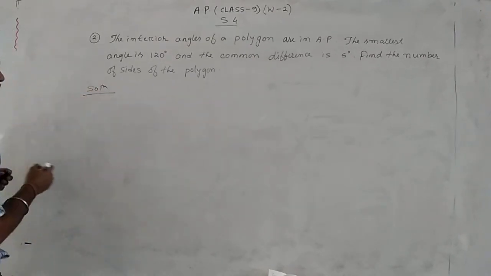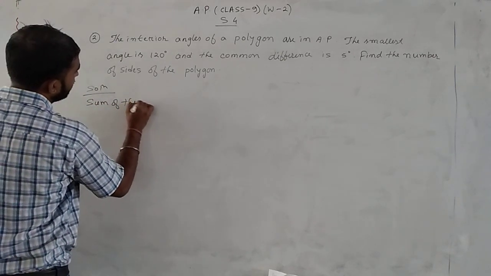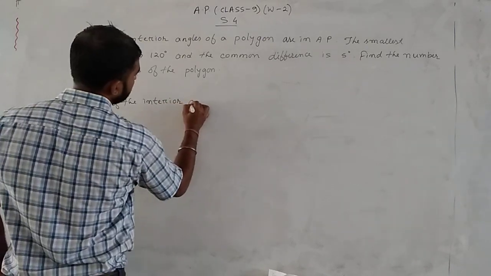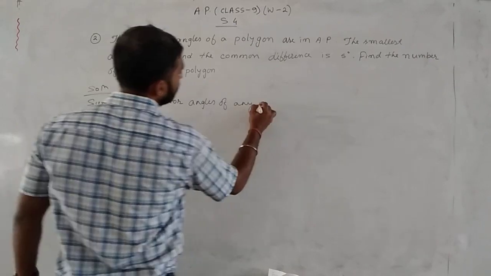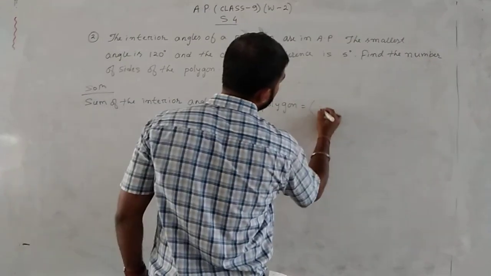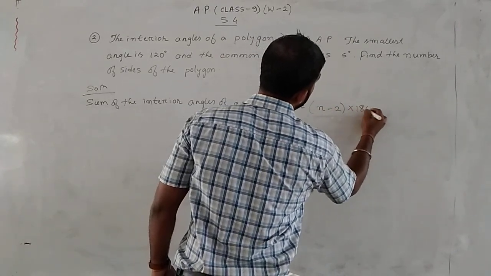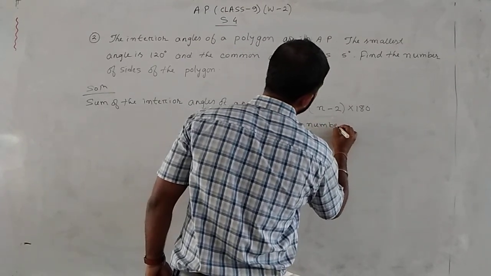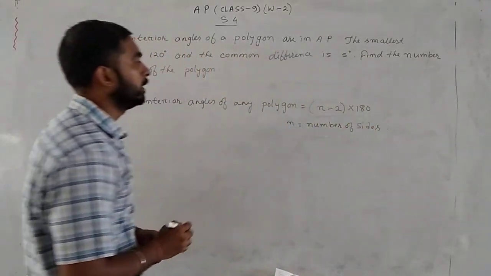This is the formula: sum of the interior angles of any polygon equal to (n minus 2) into 180 degrees, where n equal to the number of sides.